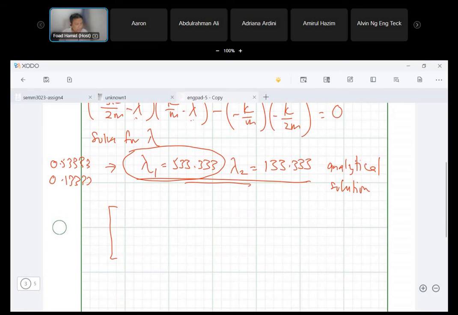I do not have my solution with me here. Oh wait, I think I have it in my calculator.